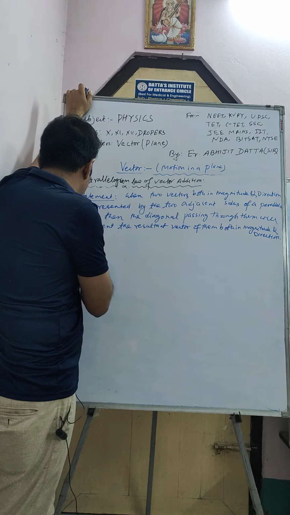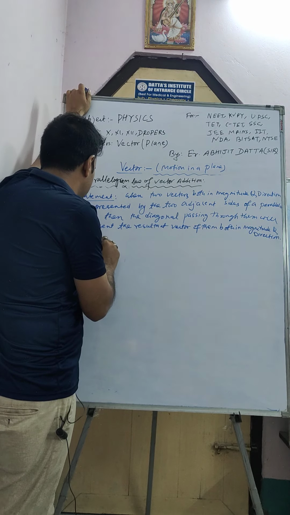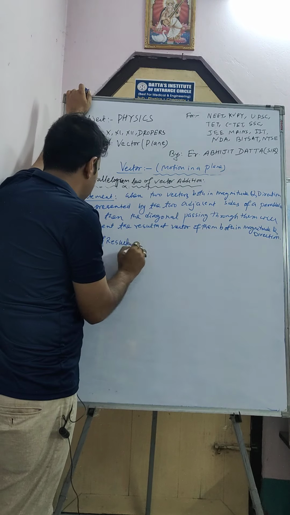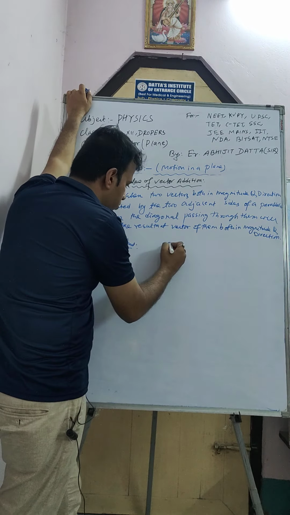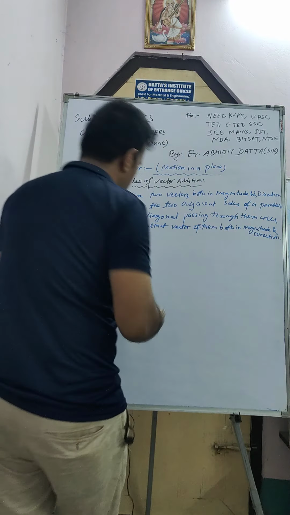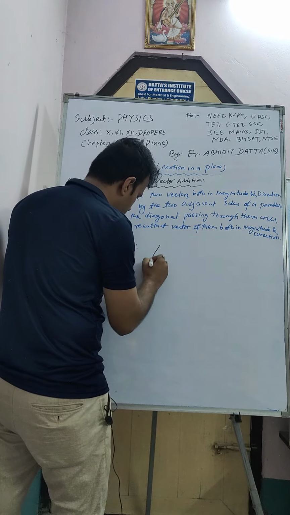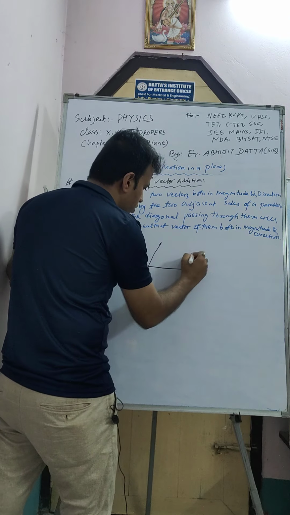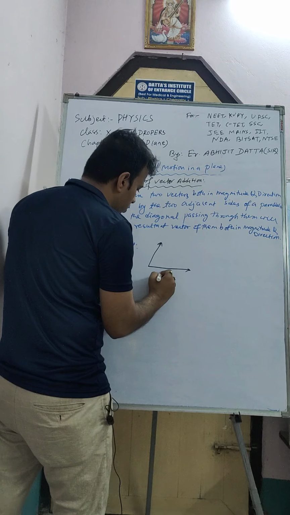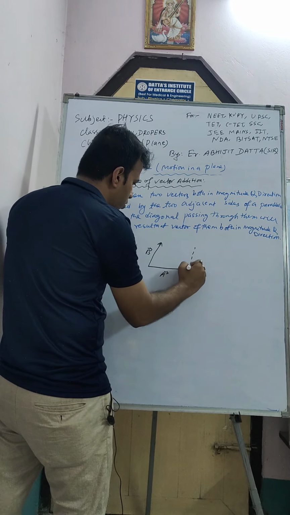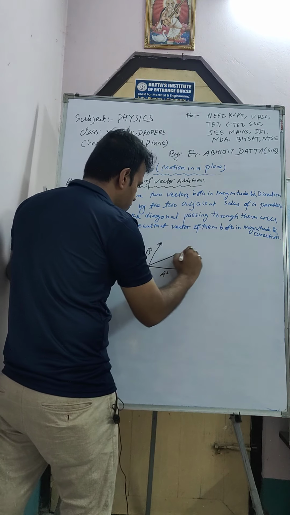Now we have to find out the magnitude of the resultant. So let's draw the figure. Suppose this one is A, this one is B, and I draw a diagonal from them.